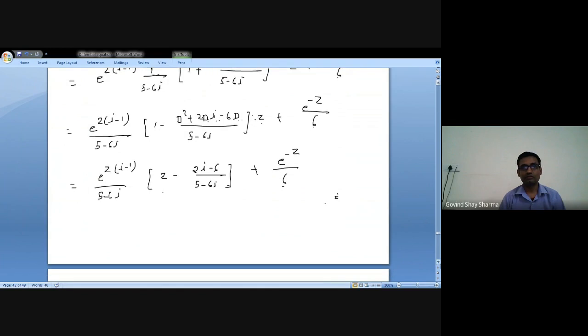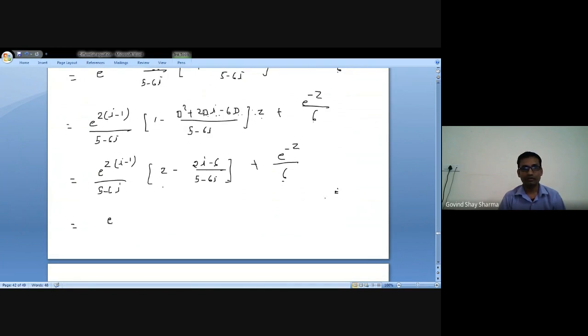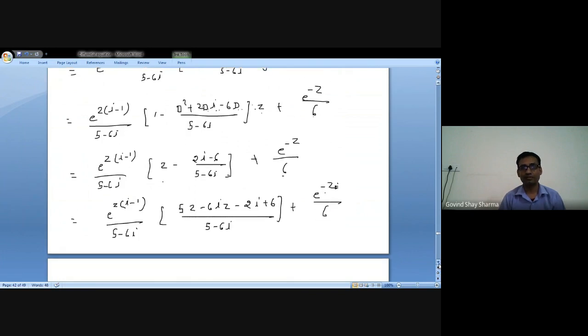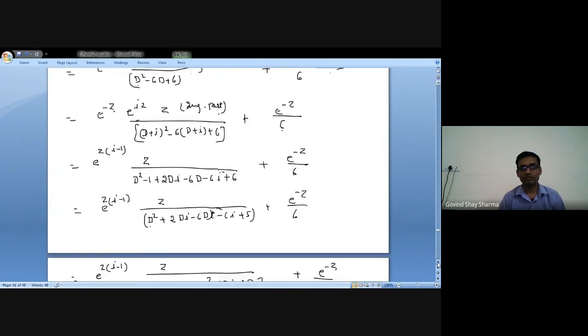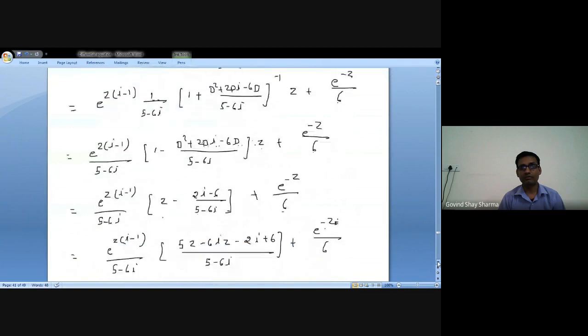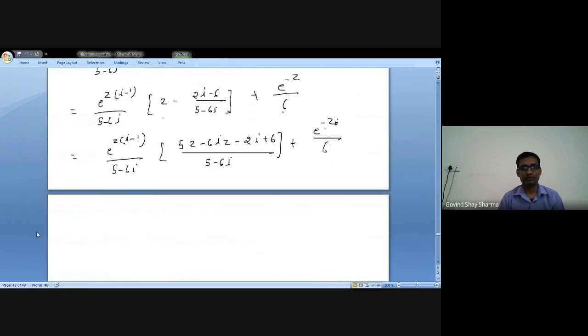By solving that we get i minus 1, 5 minus 6i, 5z minus 6iz minus 2i plus 6 over 5 minus 6, plus e to power minus z upon. Now just simplify the equation for i, and we get the imaginary part as the solution of this differential equation.